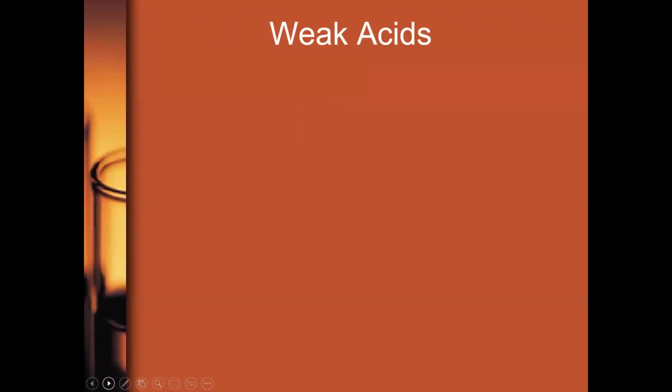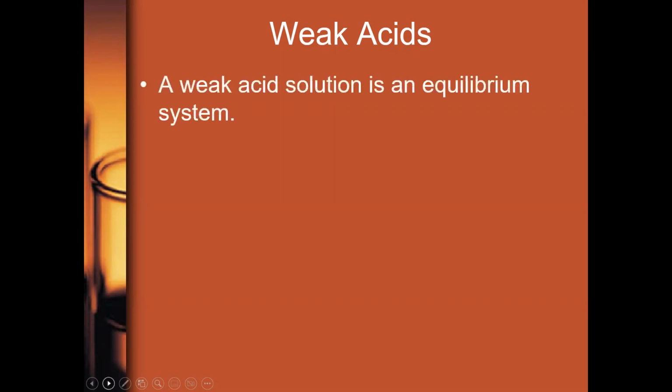So we've dealt with strong acids. Those are kind of the easier ones to deal with. So let's look more at weak acids because these tend to give us more trouble. So a weak acid solution is an equilibrium system. It's the acid in water producing the ions, and it is at equilibrium, so it does go back and forth.